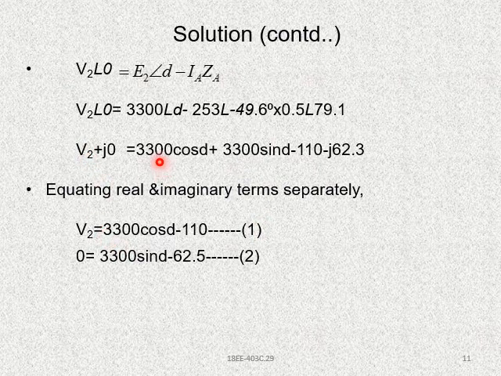So V2 is equal to 3300 cos D minus 110. Similarly, 0 is equal to the imaginary terms. So we have separated imaginary terms and real terms, the real terms as equation 1 and the imaginary terms as equation 2.